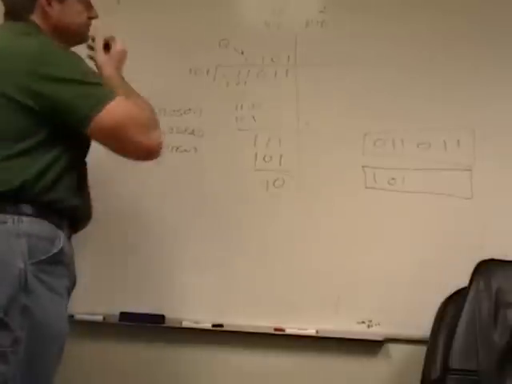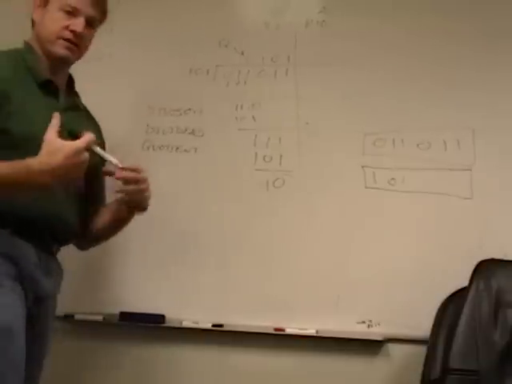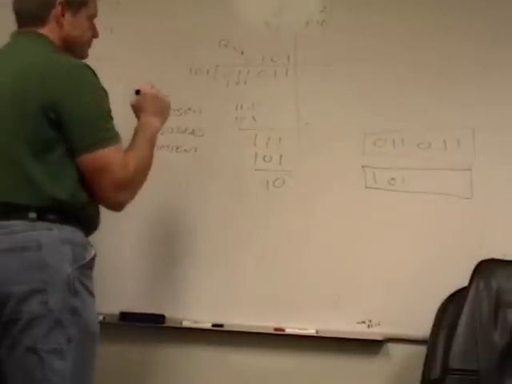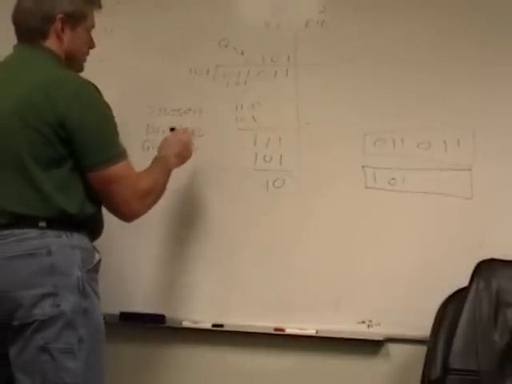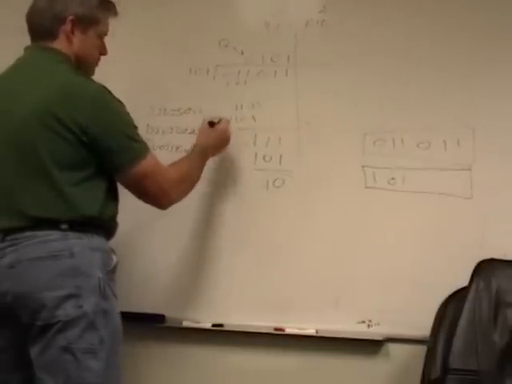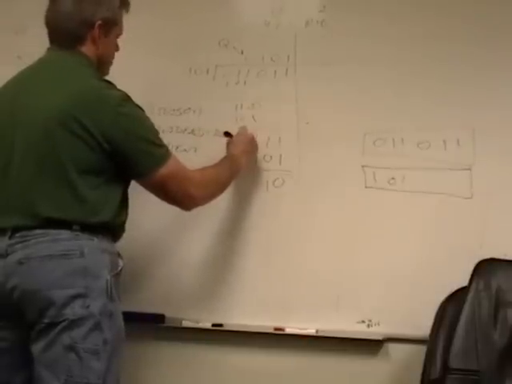So I'm dividing. I need to have a register that's as big as each one of these so I can make a copy and not lose things. And I can say, oh, well, dividend is equal to dividend.